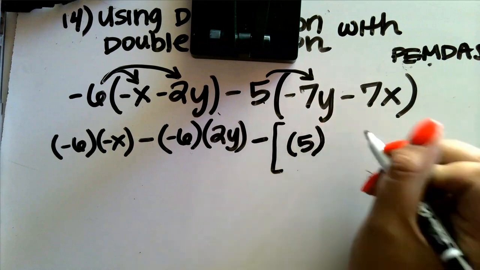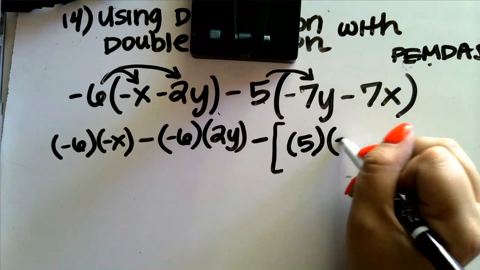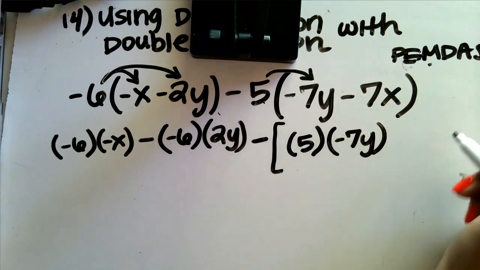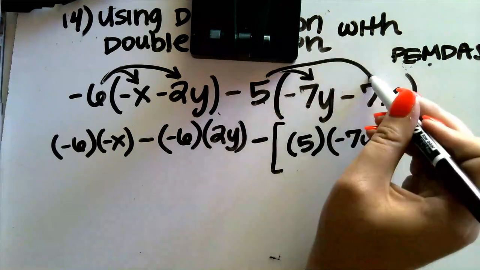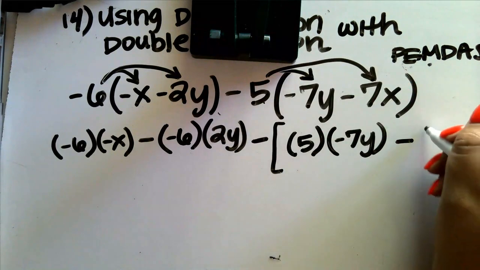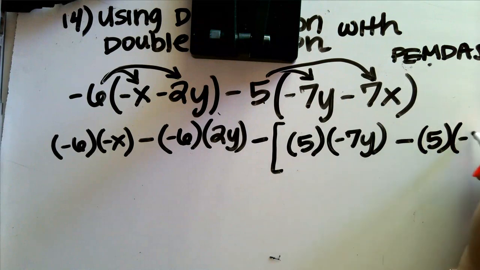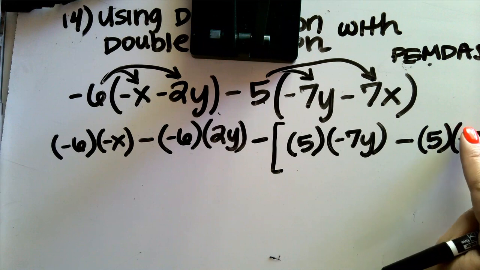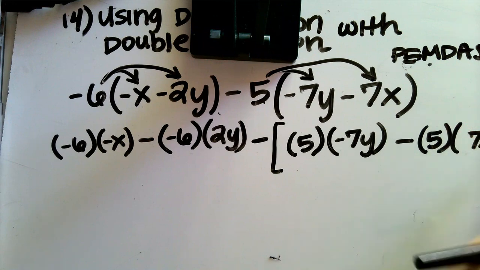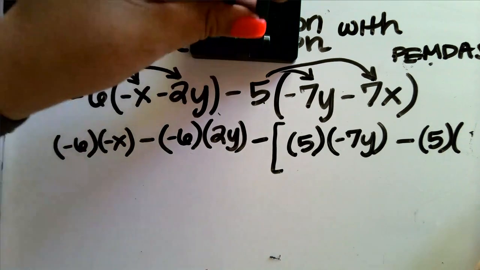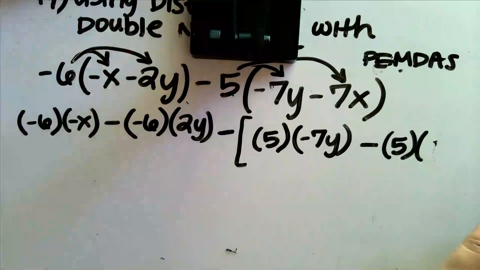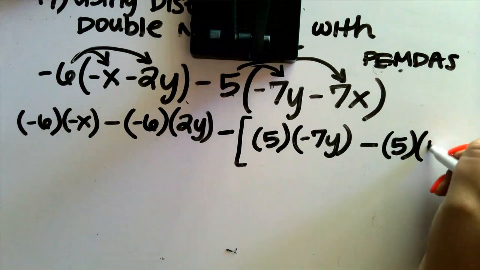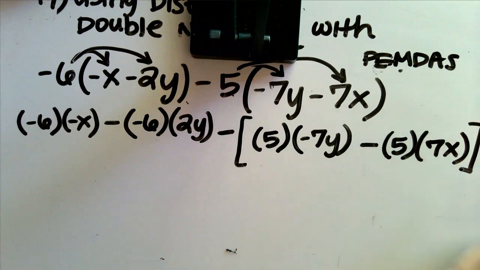Remember, we're having it be positive this time, minus second distribution, 5 times -7y, 5 times 7x. Okay.